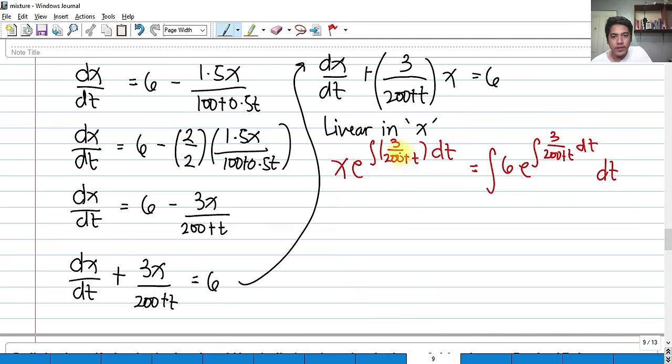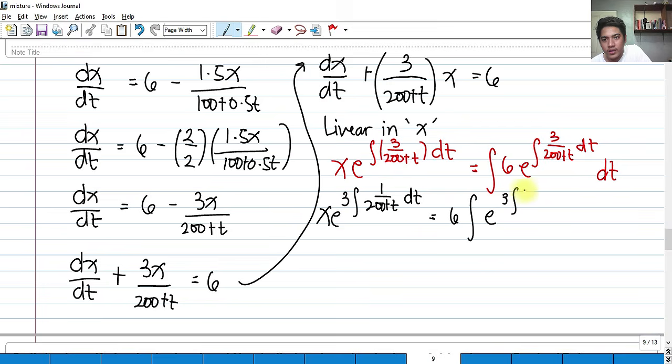So, as you can see here, if we're going to integrate this, I can rewrite this as e raised to the integral of, I can factor out 3 outside, 3 times 1 over 200 plus t dt, equal to, I can factor out 6 outside of the integral sign. Here, I can also factor out 3 outside of the integral sign.